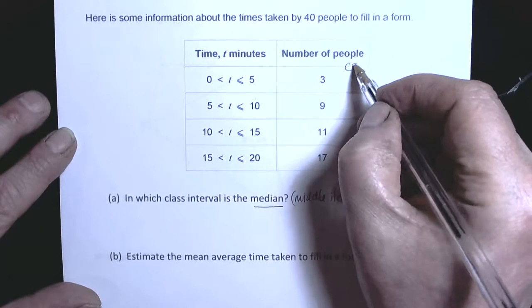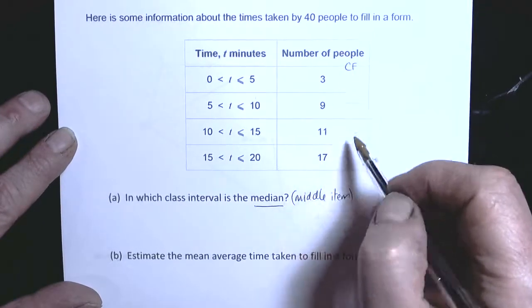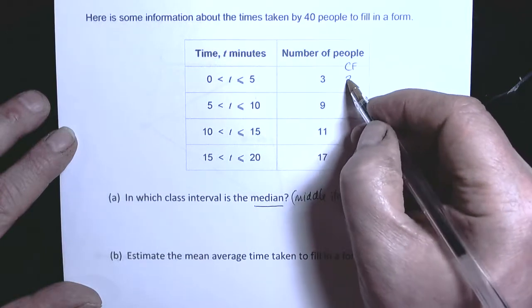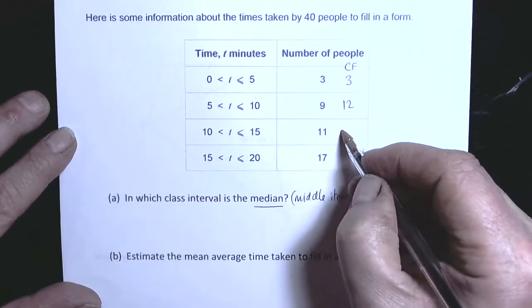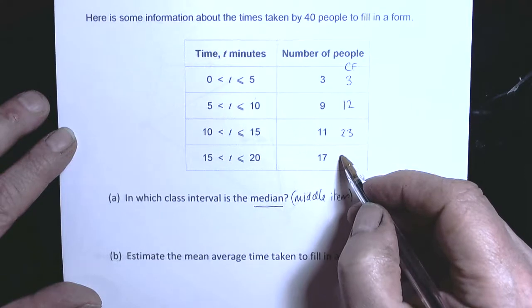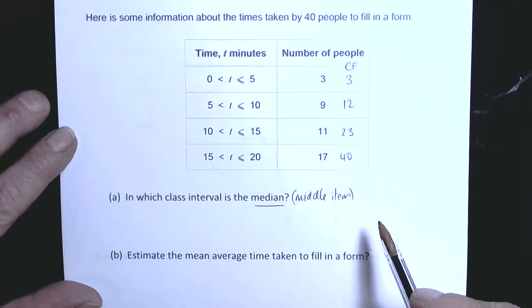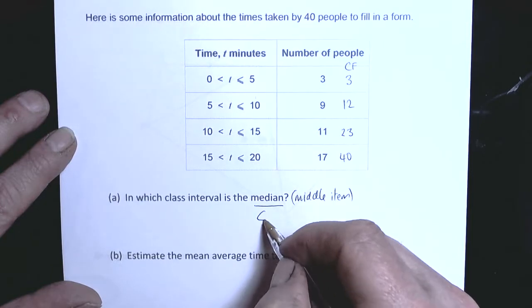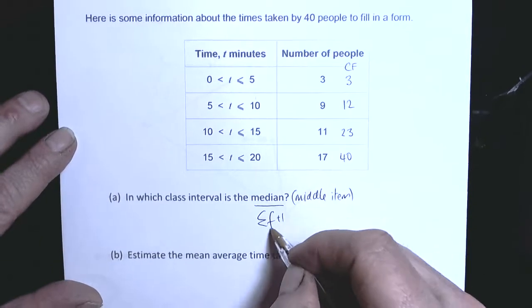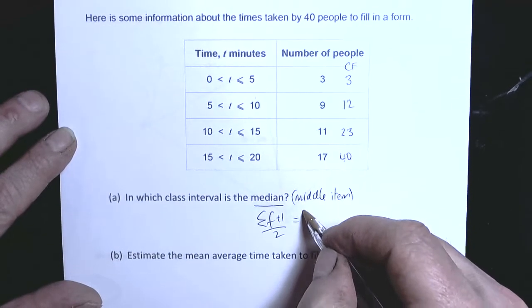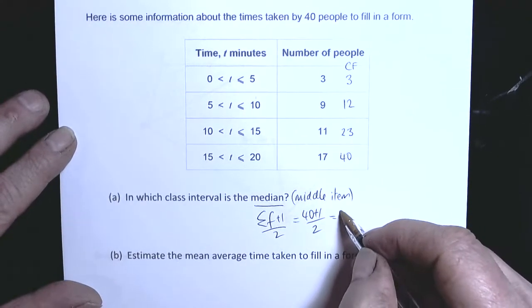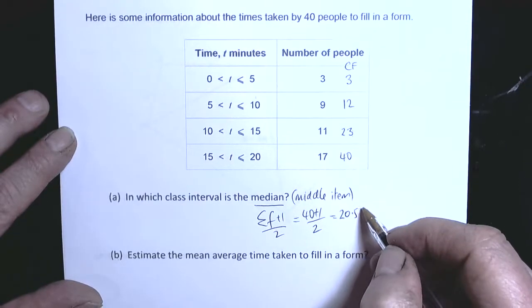So to do that question, it's useful to do the cumulative frequency, so we can find where the middle person is. So 3, 12, 23, 40. And we know that the middle person is going to come from the sum of f's plus 1 all halved. So we've got 40 plus 1 all halved, which gives us 20.5.